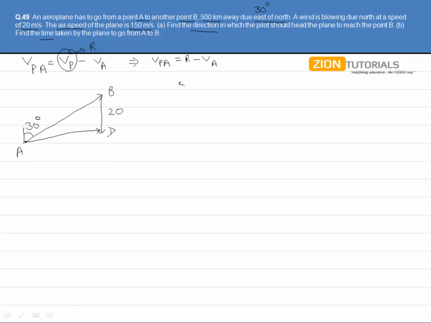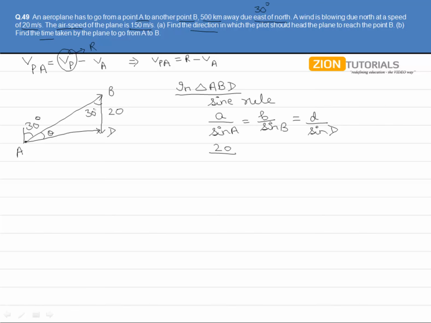Let us do the calculations in this triangle ABD. Applying the sine rule here, which says a upon sine A equals b upon sine B equals d upon sine D. Let us take 20 upon sine theta, if we assume this angle to be theta, this angle comes out to be 30 degrees being the alternate interior angles.